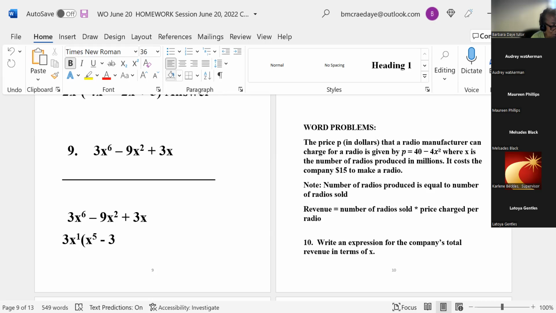What's the power on the x with the 3? 1. Yeah, so it would just be x to the 1, right? Now you've got 3x and this is 3x. So what would be the next factor, Mercedes?